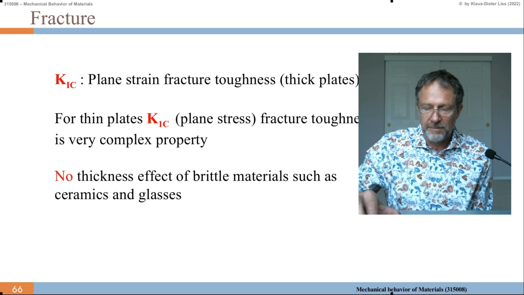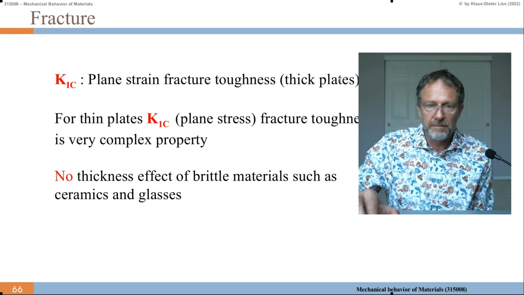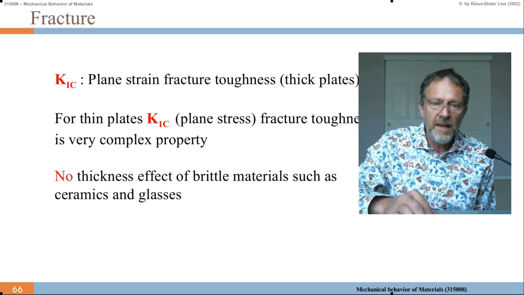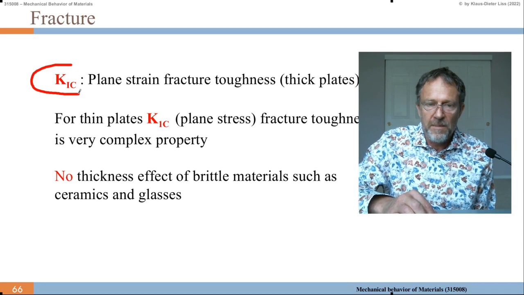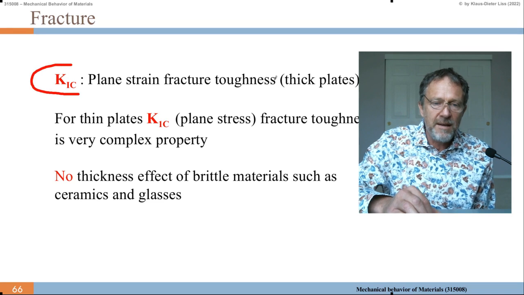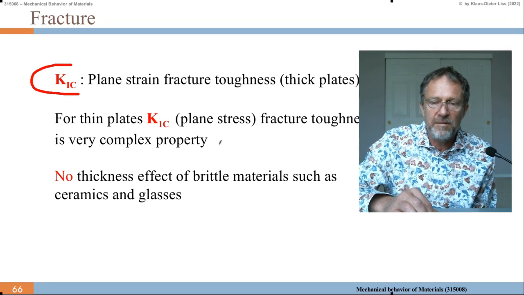So in fracture, we have the plane strain fracture toughness, which is given by the constant K1C, critical, and this is for thick plates. For thin plates, we have to look at the plane stress fracture toughness, which is a rather complex property.